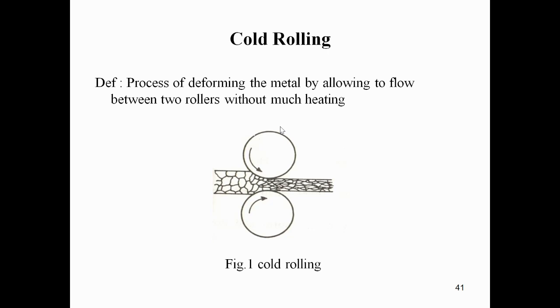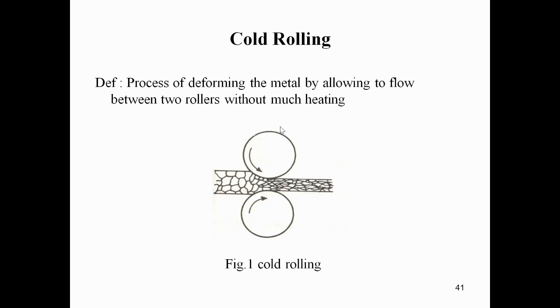Between the two rollers, the work metal passes through. It looks similar to hot working, but this cold working is done at room temperature after completing the hot working process.